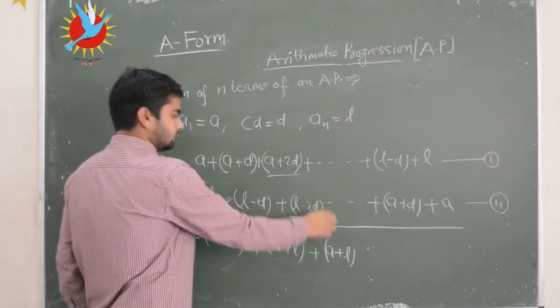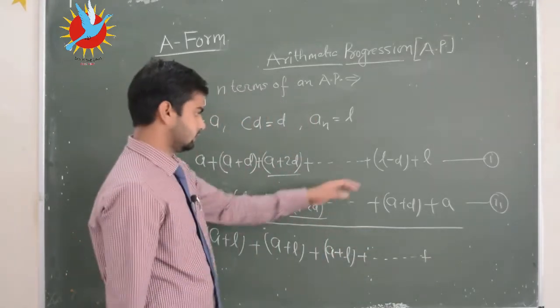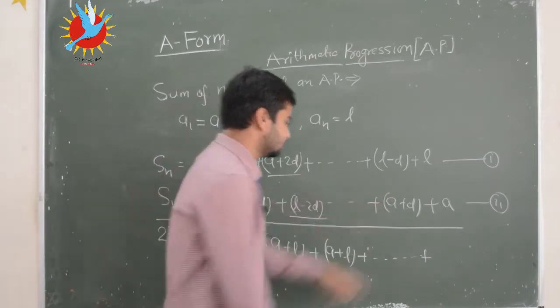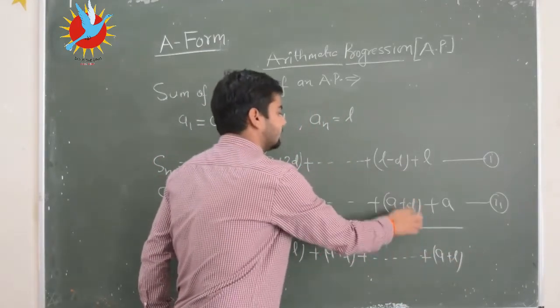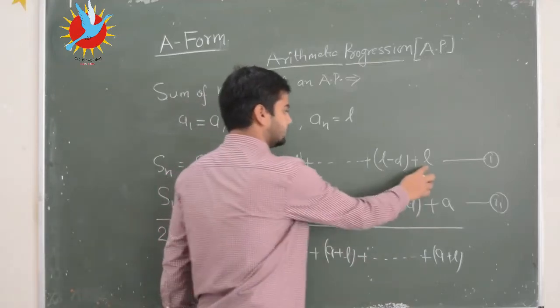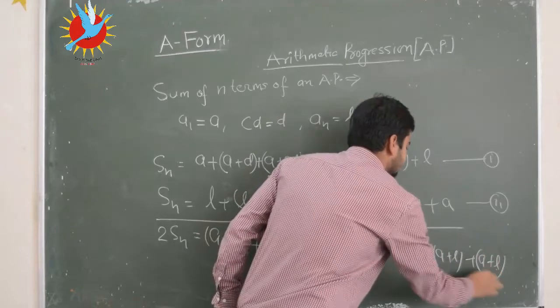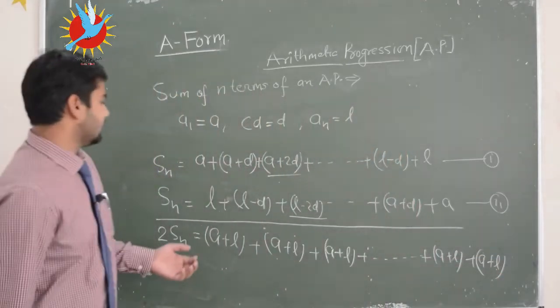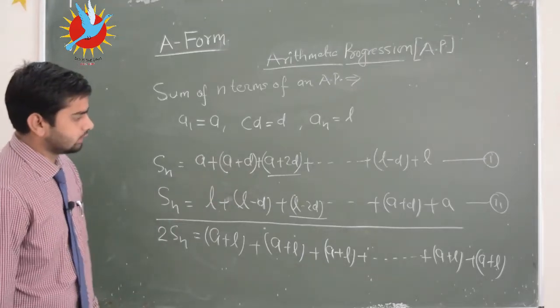In this pattern, A plus L, A plus L, A plus L will come, and here L minus D, A plus D will give A plus L, as minus D and plus D get cancelled, and here plus L and plus A we will get A plus L. So a total of n terms of A plus L we get from adding equation 1 and equation 2.